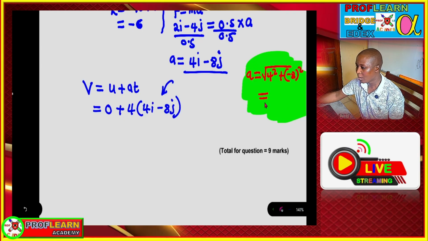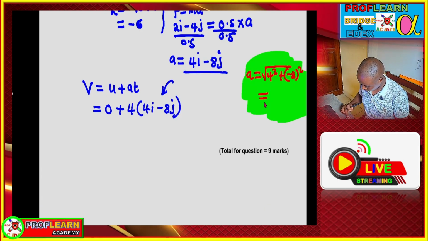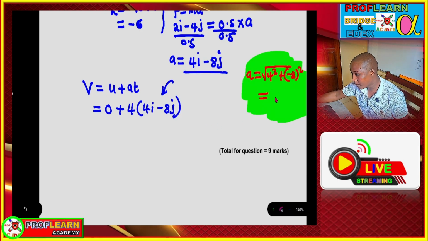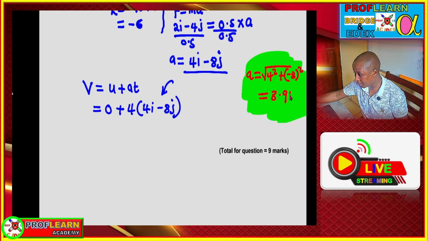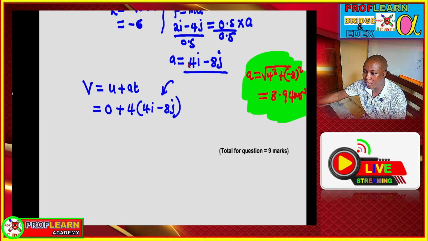And this student will get the exact magnitude as the square root of 16 plus 64, and that is equivalent to 8.94 meters per second squared.